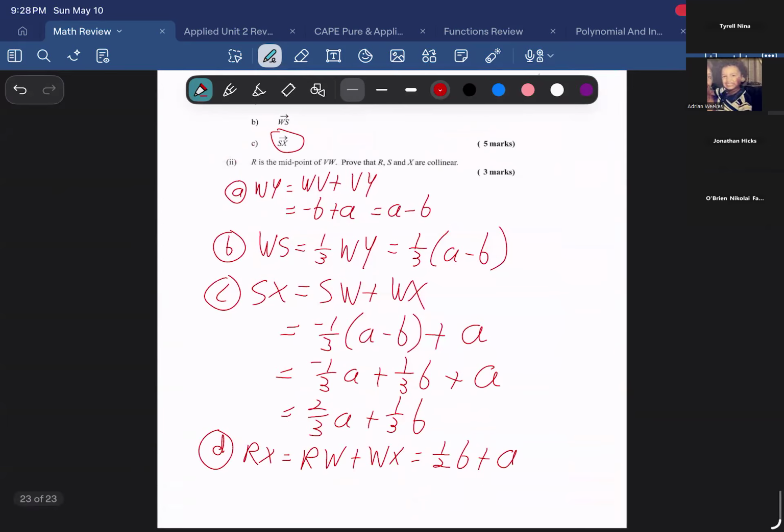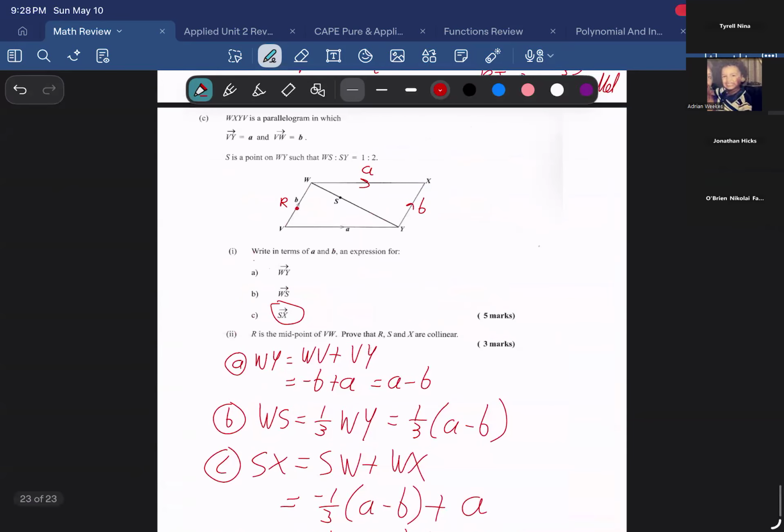So is one a multiple of the other? Let's see. Yeah, but we did this wrong right now. I think we need to find RS.